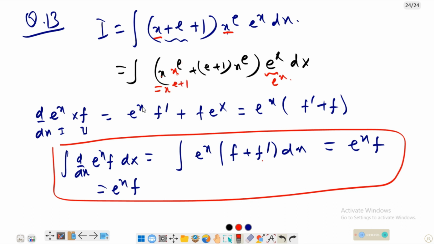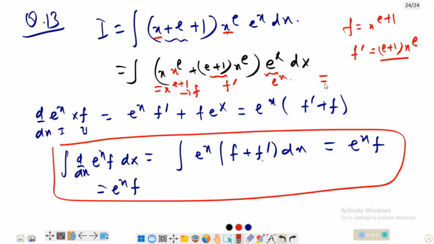Okay, if we say this is my f, then we need to show this is f dash. Okay, so if we take f is equal to x to the power e plus 1, so f dash is equal to e plus 1 into x to the power e, so this is f dash.